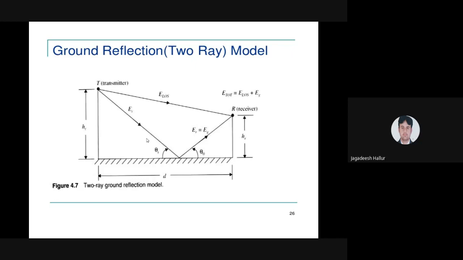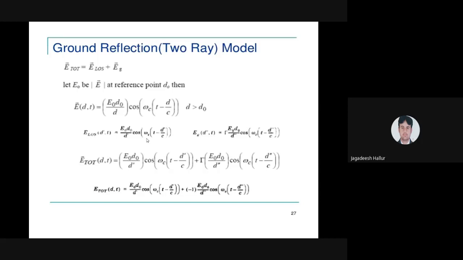So the total electric field is equal to E_LOS plus E_G, the addition of the line of sight electric field and the ground reflected wave.